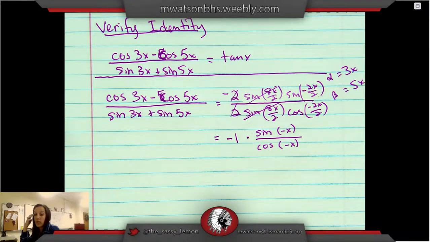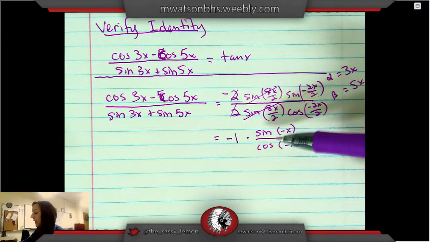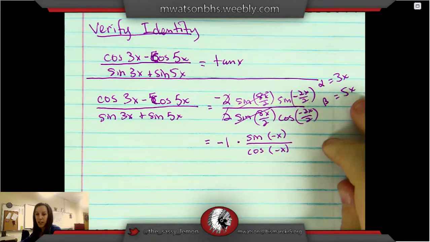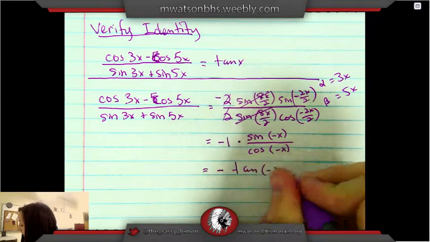Okay. So now we've got sine over cosine. So hopefully you realize, we've almost got tangent now. So we've got a negative tangent of -x.